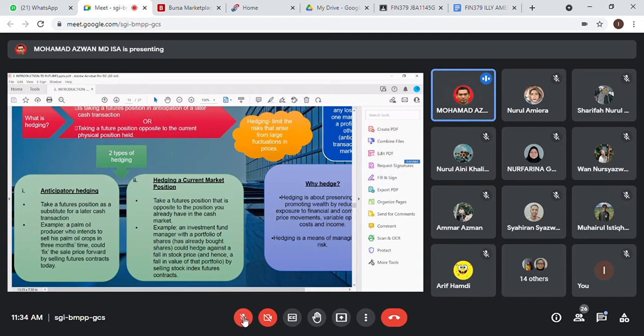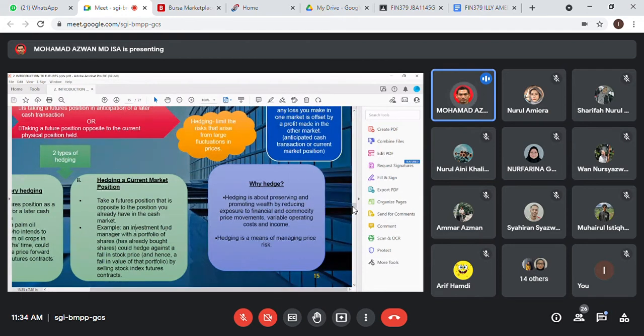So in order to protect dia punya loss or whatever risk in the cash market, dia guna futures market to hedge. Faham tak? Okay, that's anticipatory hedging.